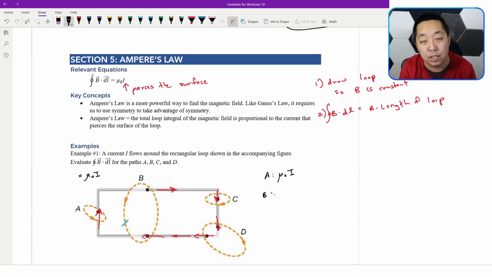That cancels out. The net current going through the loop is 0. So it's 0 for B. For C, it's mu naught I. And for D, you have I coming in and I leaving, so it's equal to 0. Because I is the total current that's going through the loop.